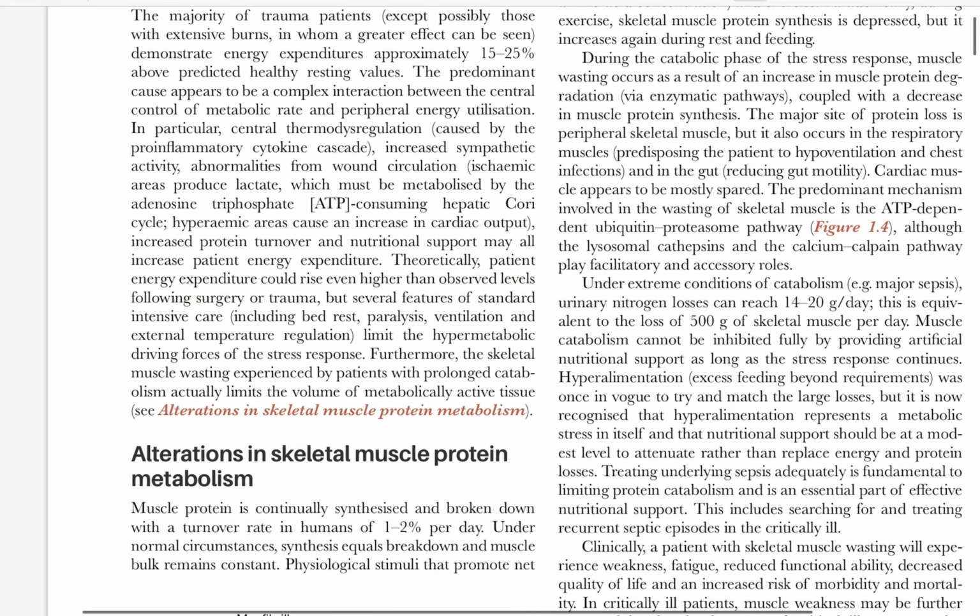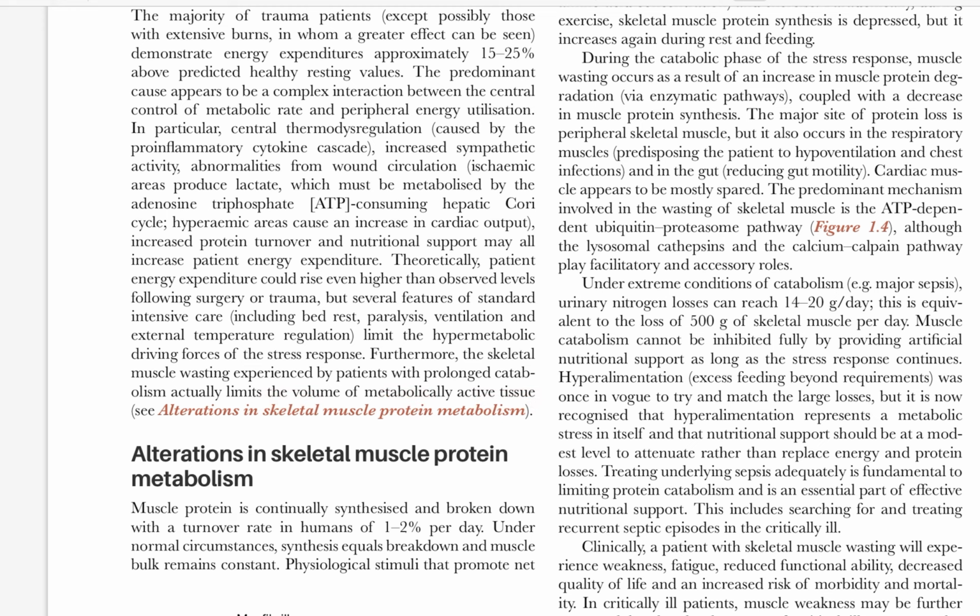But several features of standard intensive care, including bed rest, paralysis, ventilation, and external temperature regulation, limit the hypermetabolic driving force for the stress response. However, the skeletal muscle wasting experienced by patients with prolonged catabolism usually limits the volume of metabolically active tissue.